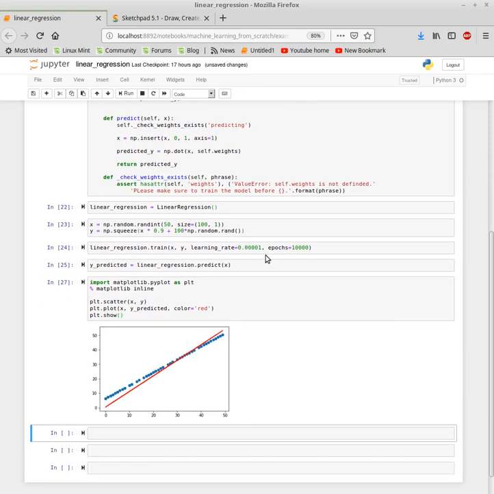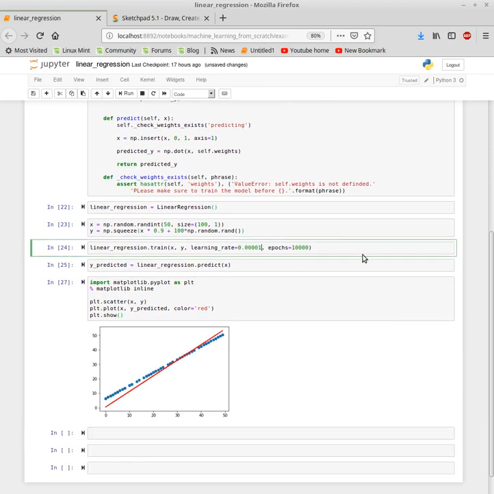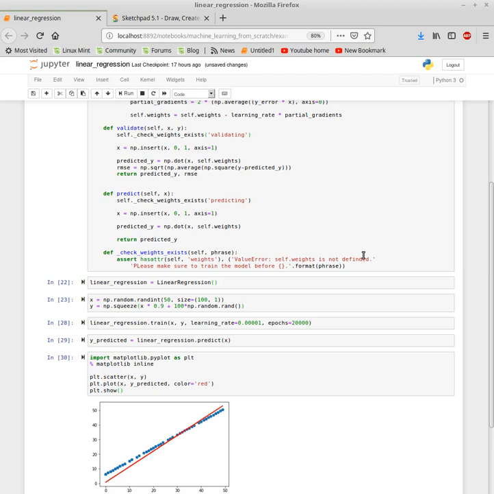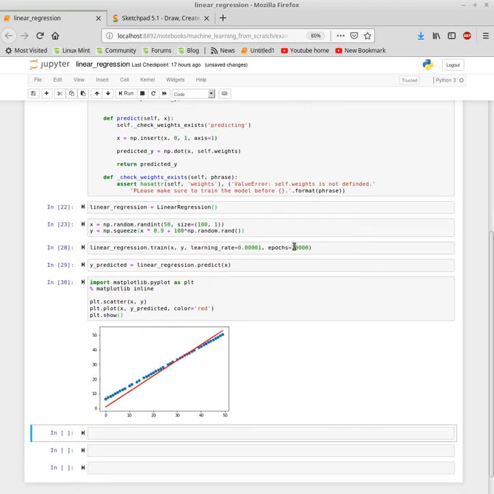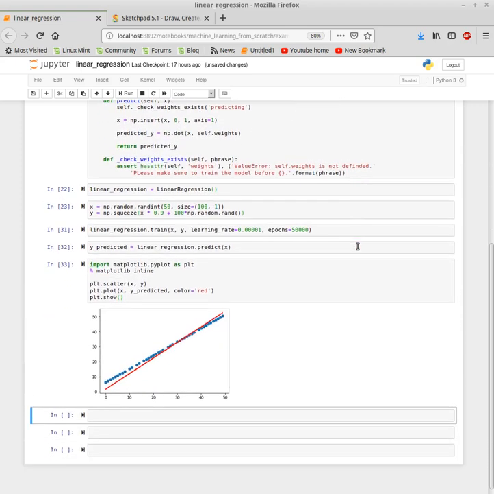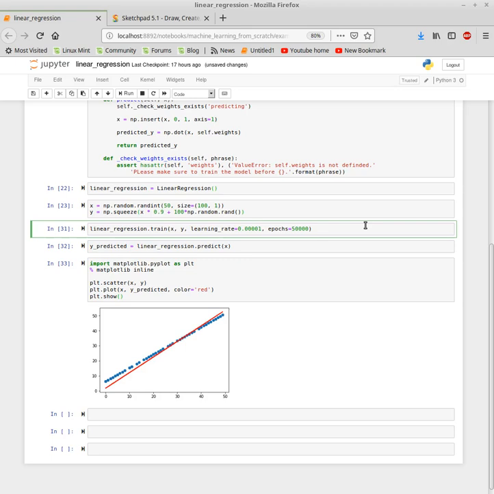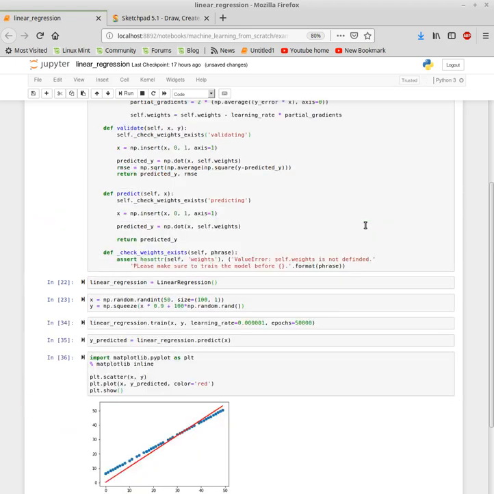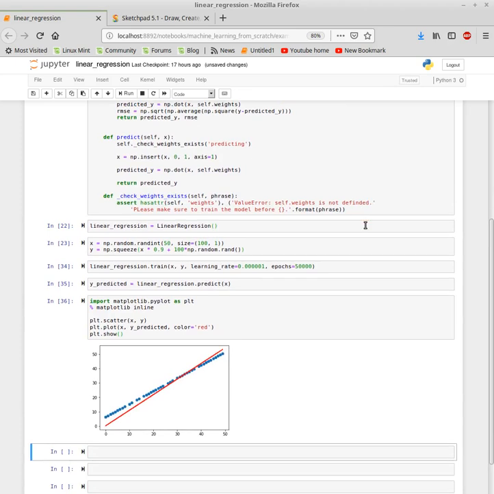Ooh, very close. Maybe you need to run it a little bit more. I'm not sure why it's doing that. Let's see. Maybe we need to run even more. Maybe if we change the learning rate. That's odd.